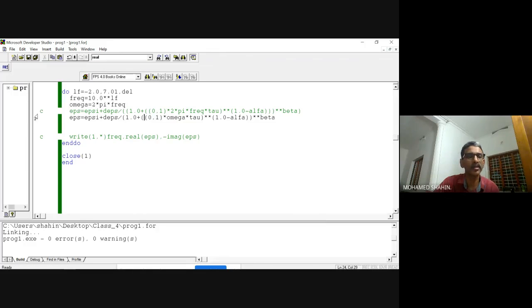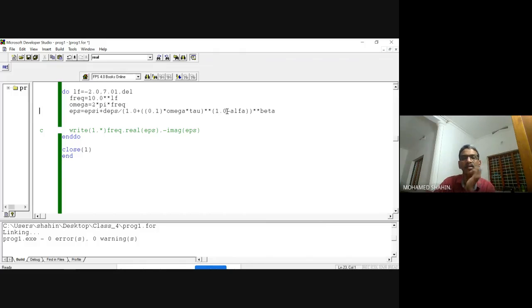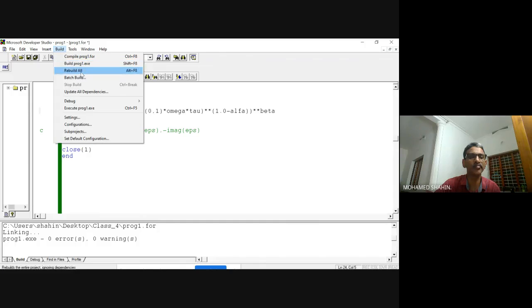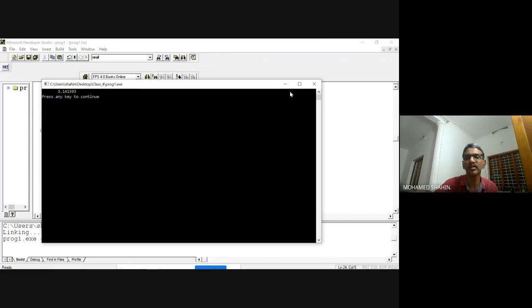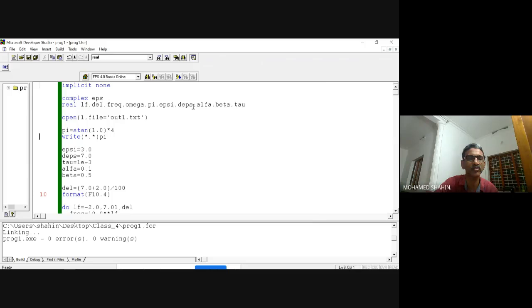Okay. Now we just remove this. So we have defined everything. Build, rebuild all, build, execute. Now the pi we have written initially, that is 3.1415. So no need to print it again.